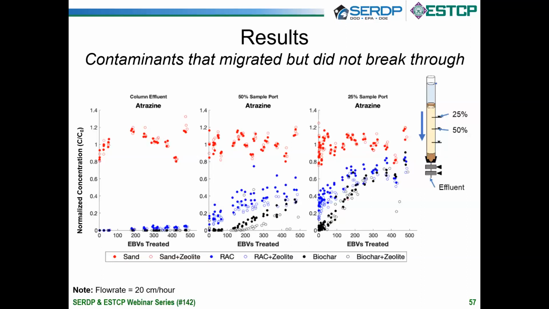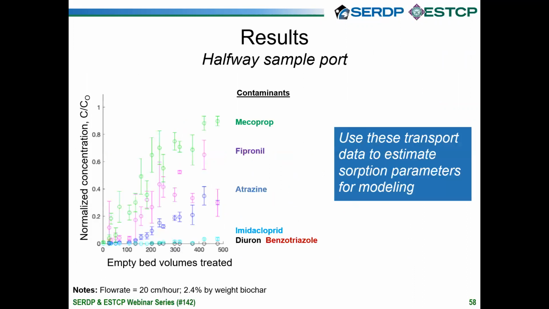So looking at 6 illustrative compounds here, if we look at the halfway sample port, this is with 20 centimeters an hour, reading this list of contaminants, mecaprop is moving the fastest, fipronil next fastest, atrazine is somewhere in the middle, and then imidacloprid, diuron, and benzotriazole are really not moving at all. So this is the kind of data that we can use to estimate sorption parameters for modeling.